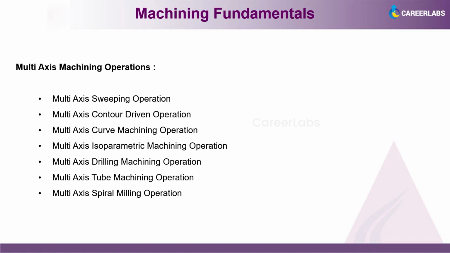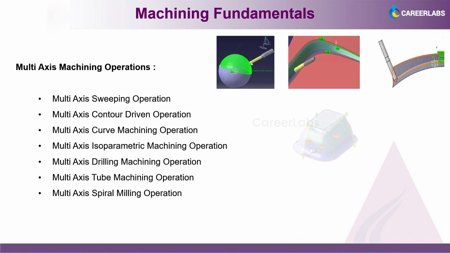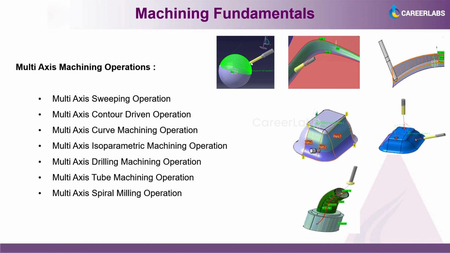There are several multi-axis machining processes from a fundamental point of view. If you see, there are several multi-axis machining processes which will be addressed in total with 3 linear along with 2 rotary axes.